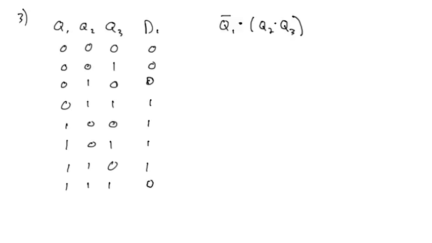In other words, if both Q2 and Q3 are 1s and Q1 not is 0, I'll get a 1 out.